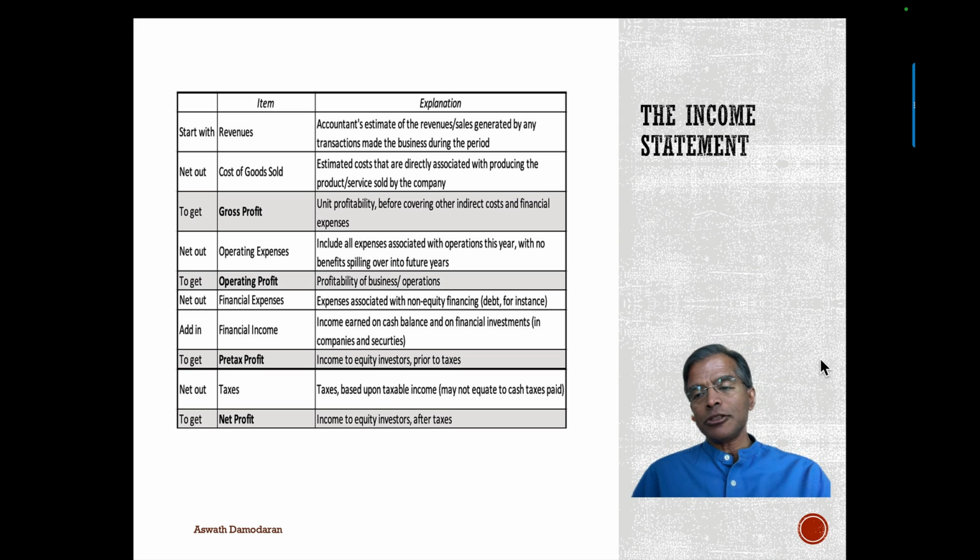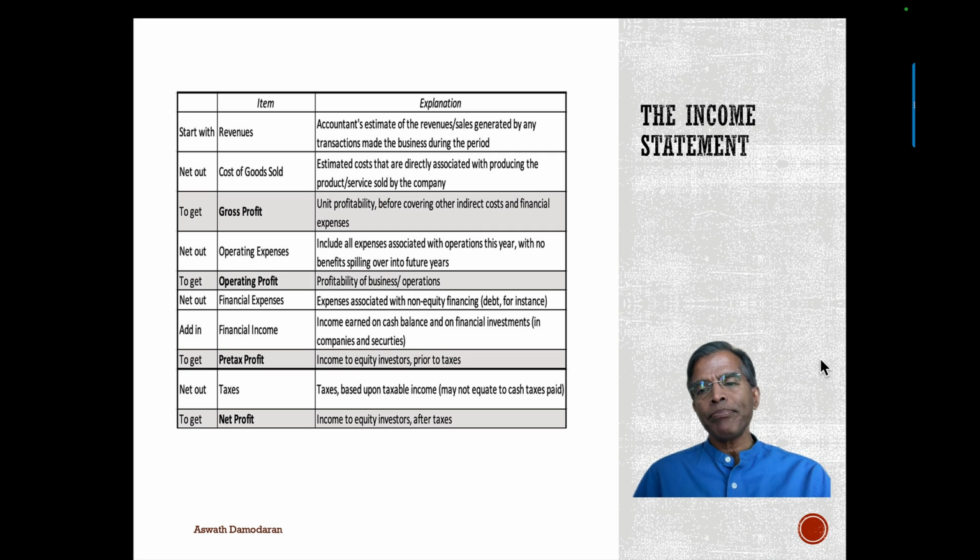G&A, general and administrative costs, selling expenses, expenses that create your revenues but are not directly connected to the revenues on a unit-to-unit basis. So you subtract out operating expenses, and incidentally, depreciation of past financial assets that you bought in previous years should also show up in your operating expenses. You subtract them out. From gross profit, you arrive at operating profit. Think of operating profit as what your business generates as earnings.